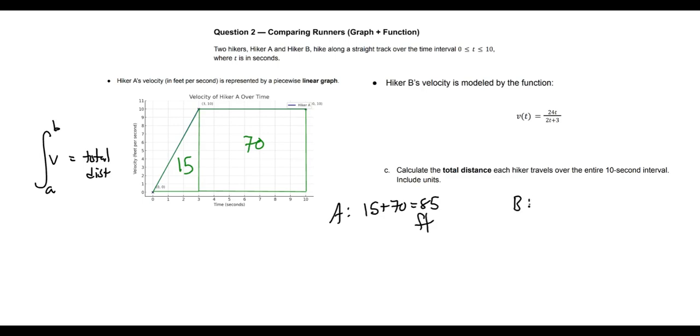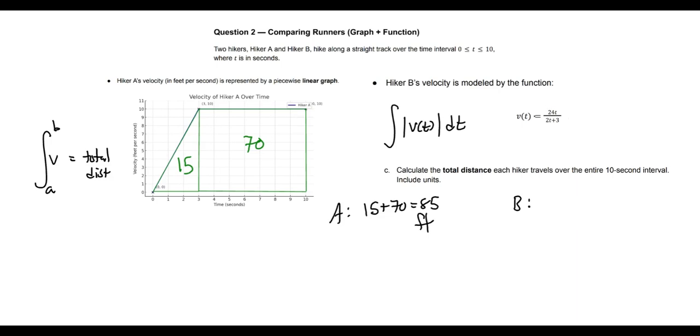Okay, now for hiker B, what we're going to do is we're going to integrate velocity, just like we did over here, except we don't have a graph, right? We're just going to integrate this. Now, when you integrate, you're trying to get the total distance. So when you do this, you have to make sure that you do the absolute value of that thing. Now, I've got some good news for you here.